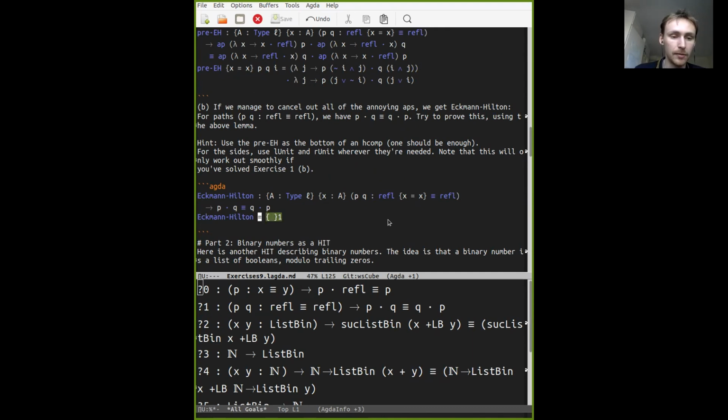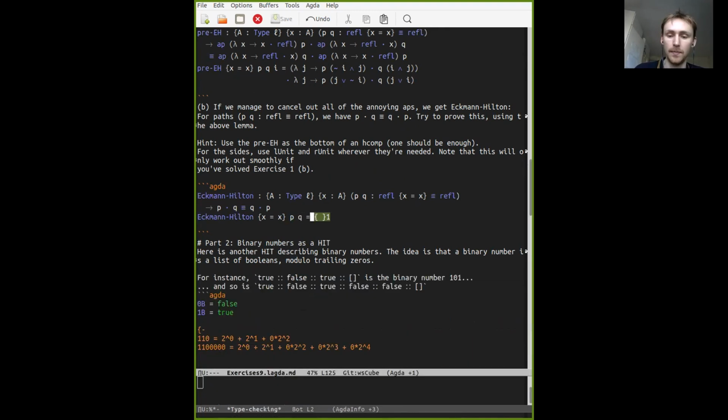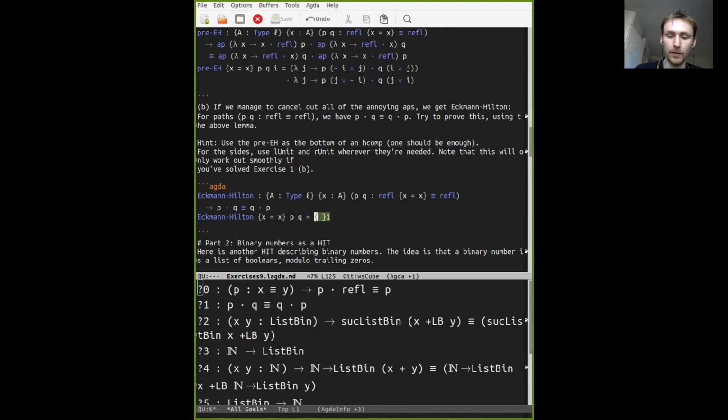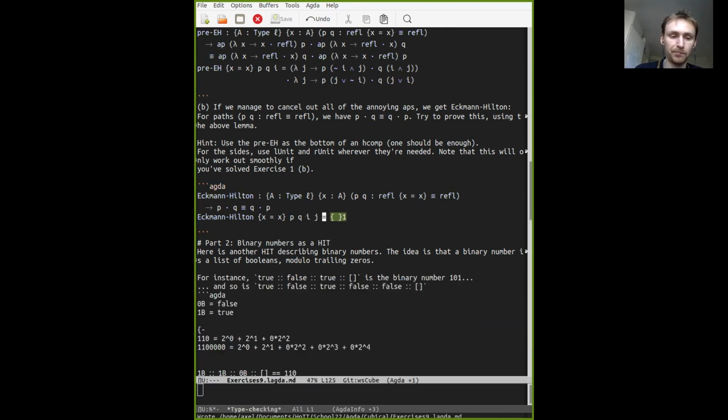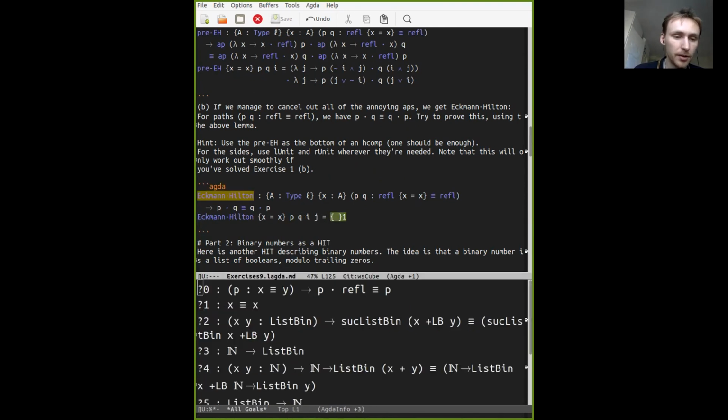So for Eckmann-Hilton, when I prove that P composed with Q equals Q composed with P, okay, so what is this? I'm only going to introduce 2 variables.